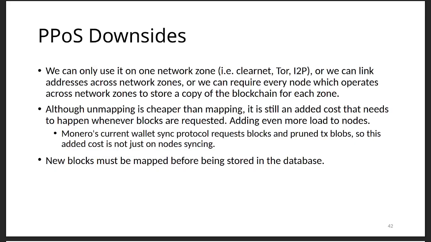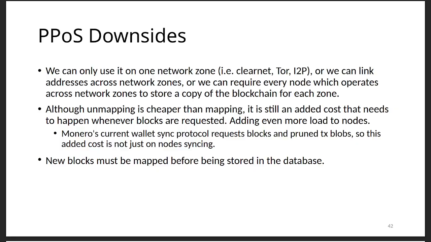Now, the downsides of practical proof of storage. We can only use it on one network zone, i.e. ClearNet, Tor, I2P. Or we can link addresses across network zones. Or we can require every node which operates across network zones to store a copy of the blockchain for each zone.